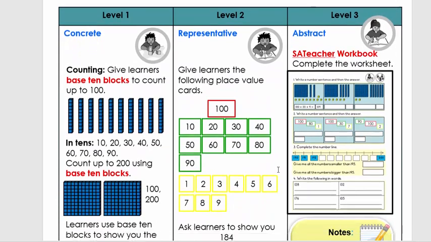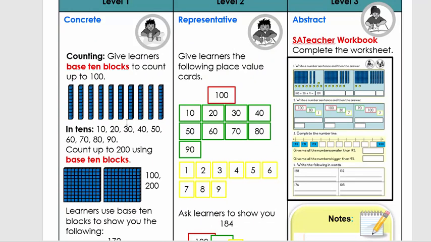So let's go and look at this: if your child struggles to read the numbers, go back to the concrete level where you're using base 10 concrete blocks. Then move to the representative level where you use flashcards, and then the child can do the worksheet that's in an abstract form.